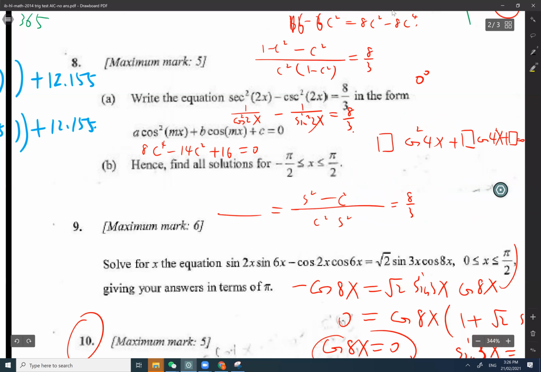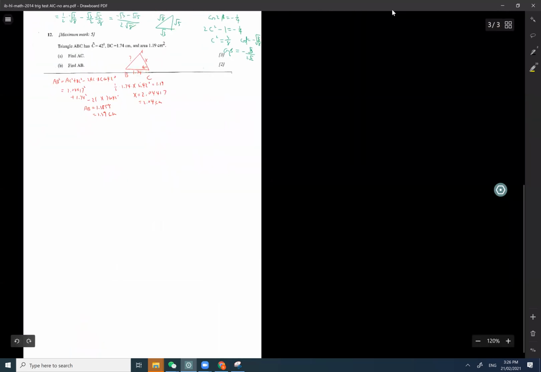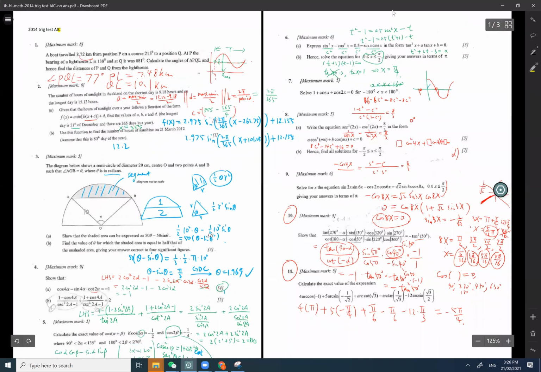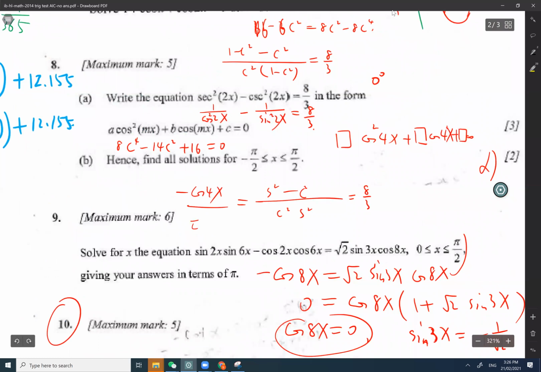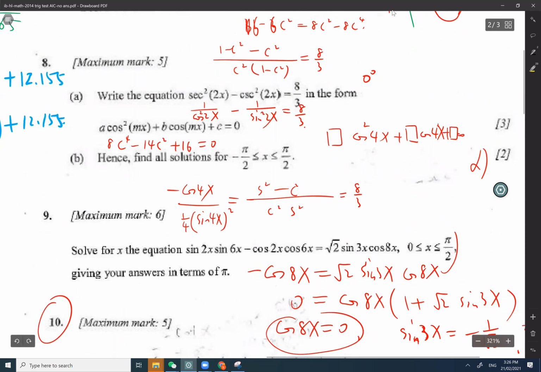This is just negative cos 4x. This is a quarter squared. This c is just sine 2x.